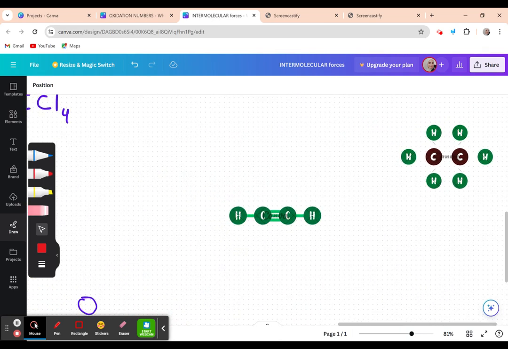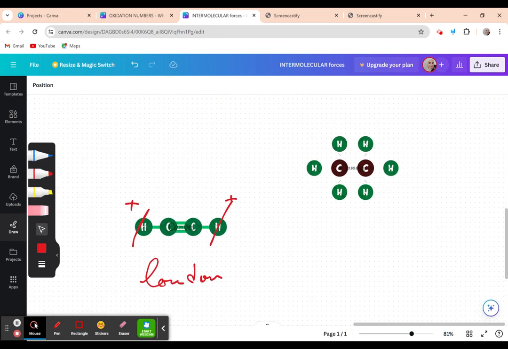This one, the same. C double bond C with H and H. Hydrogen has a positive charge and the other side is the same, hydrogen with a positive charge, so they cancel out each other. So this one also has London forces only. Same goes for this one.